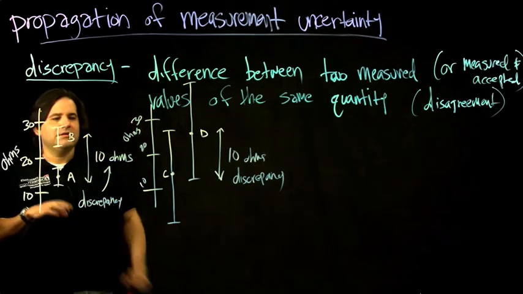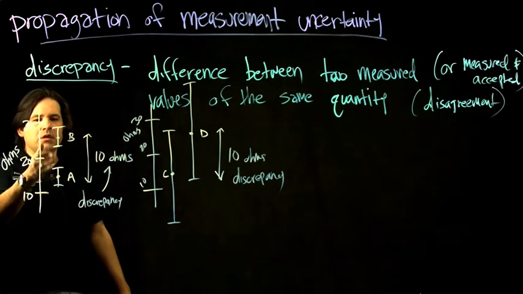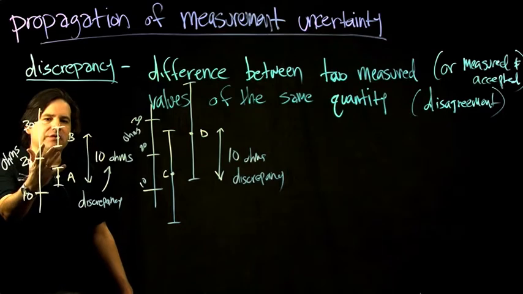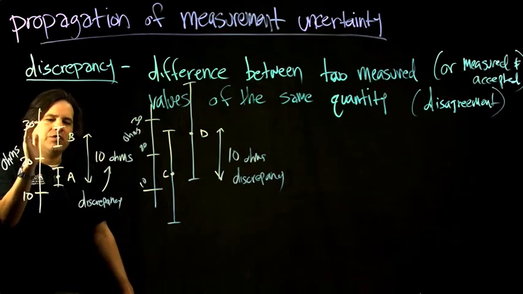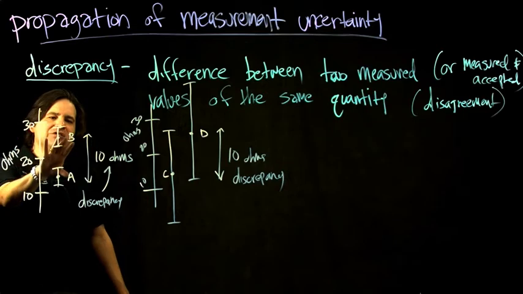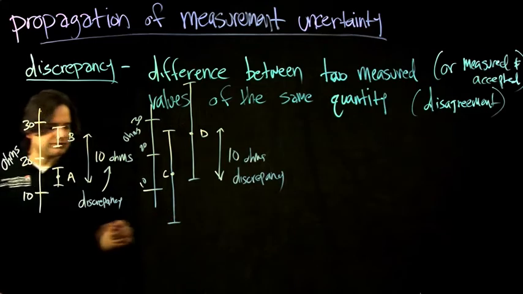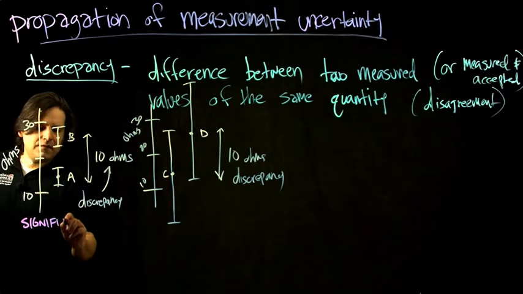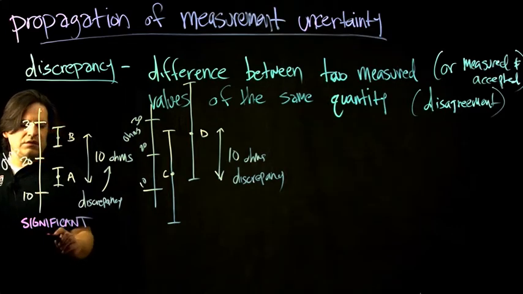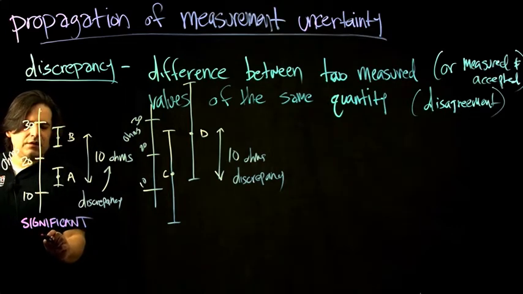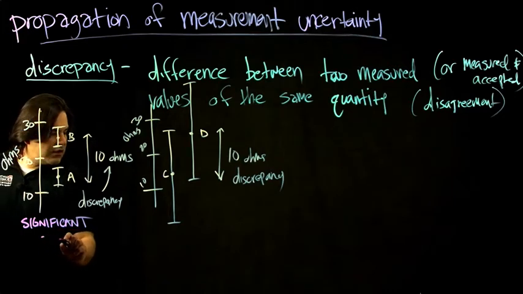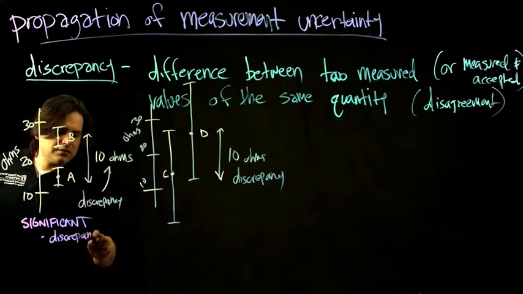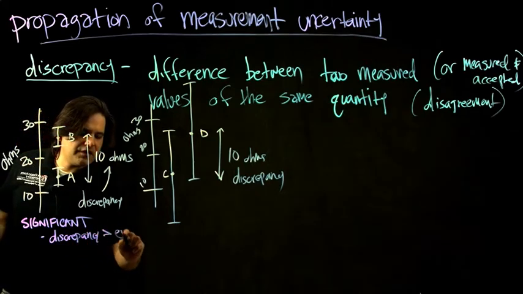It's that this difference here is more conclusive, not in terms of what the true value is, but it definitely tells you that someone did something wrong. So this is a significant discrepancy. The difference is real because the discrepancy is bigger than the error bar.